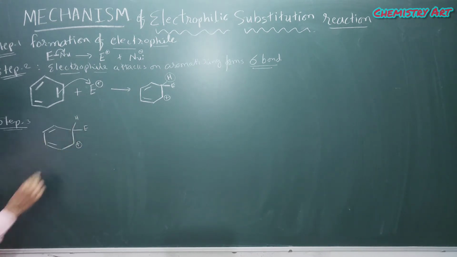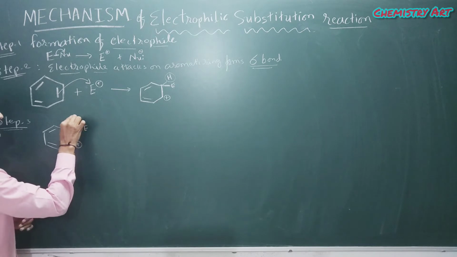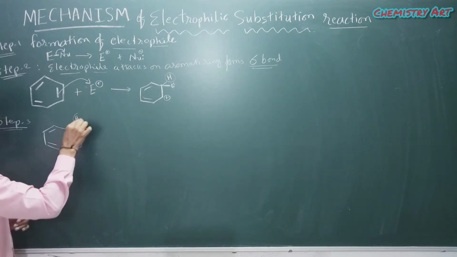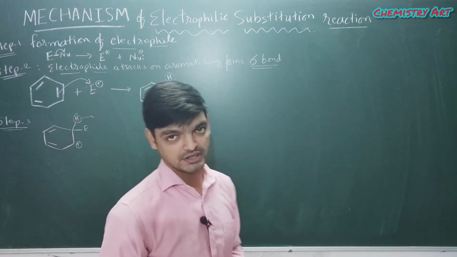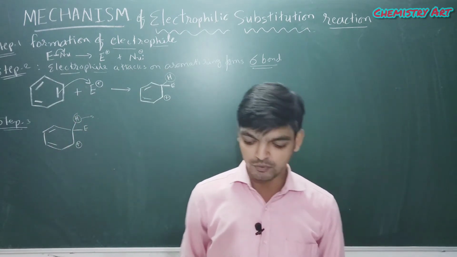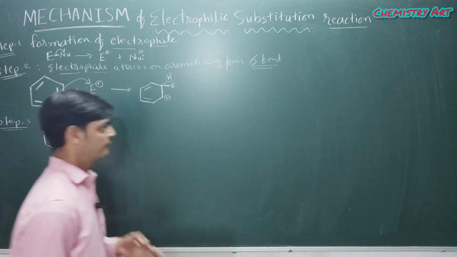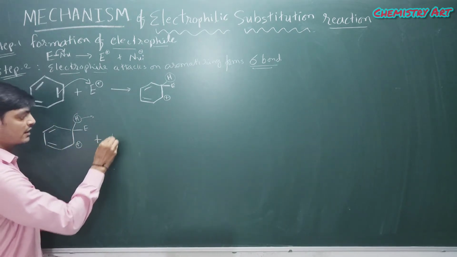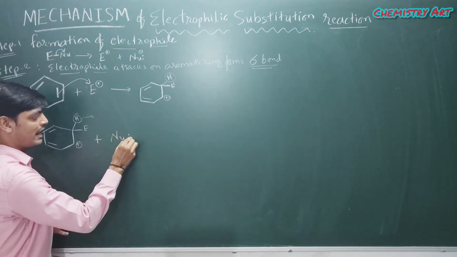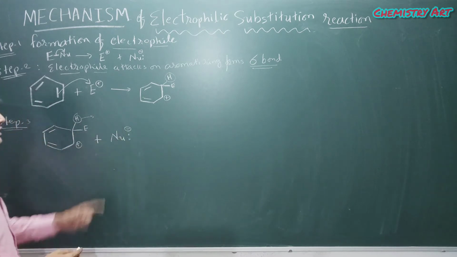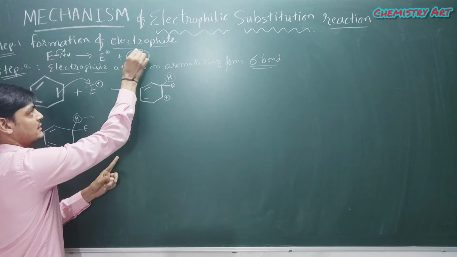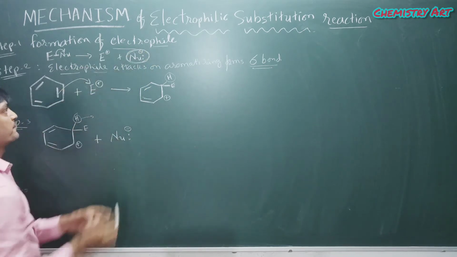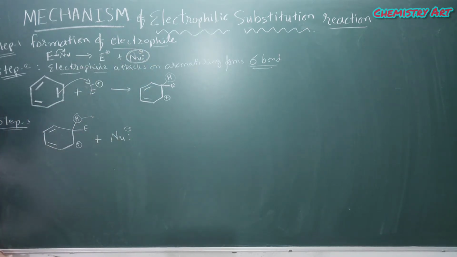Here electrons are there. Now what will happen? Hydrogen will be removed as an H plus ion when it comes in contact with any nucleophile. Here you can see that when the heterolytic fission was occurring, at that time the nucleophile was also removed.